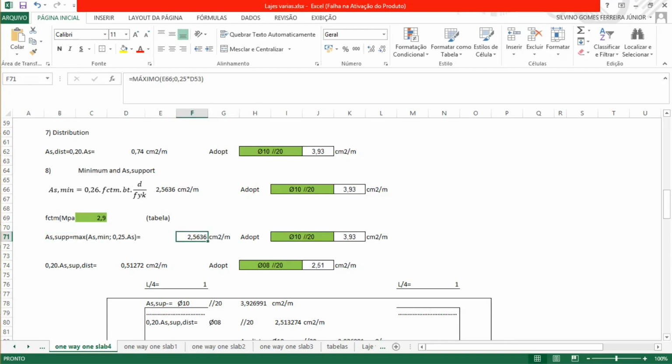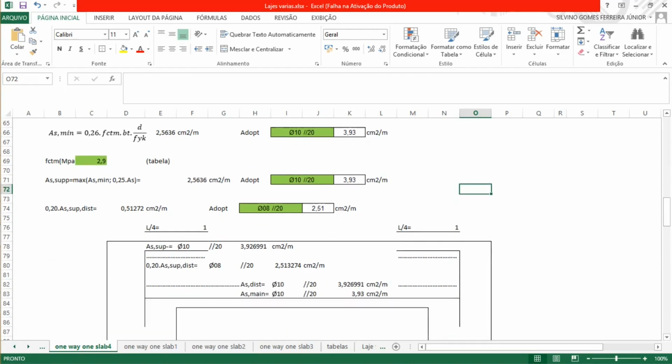When we calculate this maximum, it ended up to be 2.56. It is the minimum. So it was good for us, the minimum, and we already know this is what we have to adopt. So we're gonna maintain this diameter of 10 millimeters spaced by 20 centimeters.